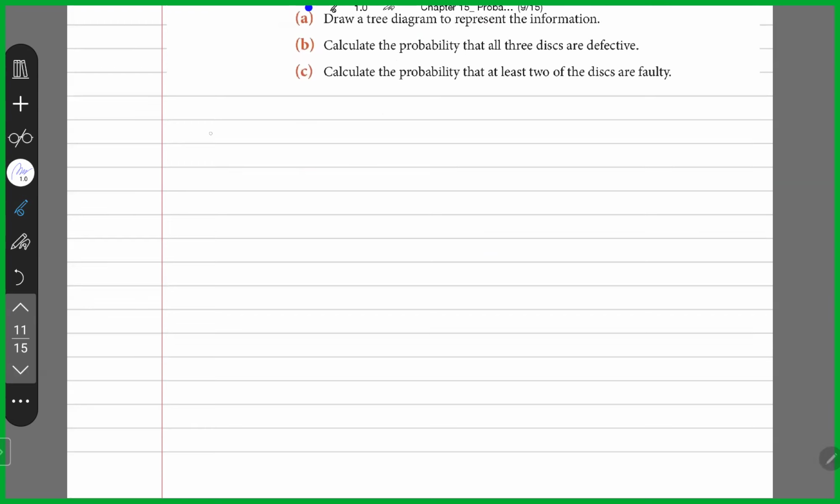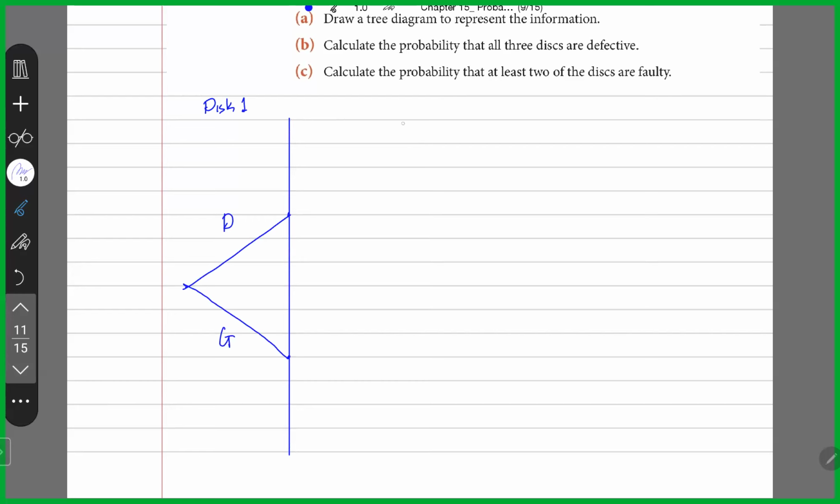So disc 1. All right, and the option for disc 1 is that the disc could be what? Defective, or it could be good. So this one starting around here, it could be defective or it could be good.